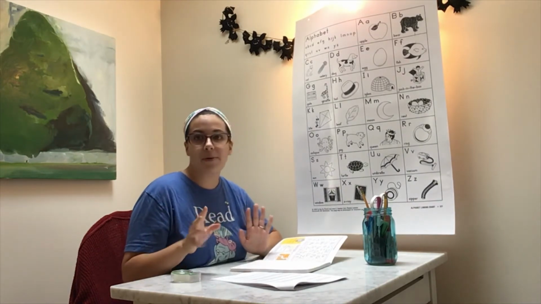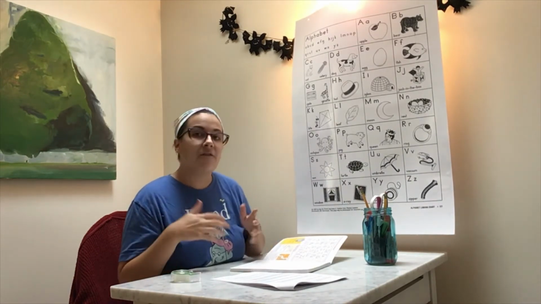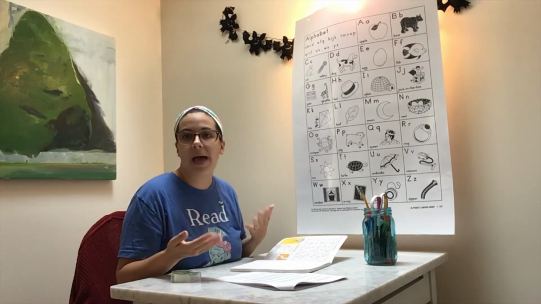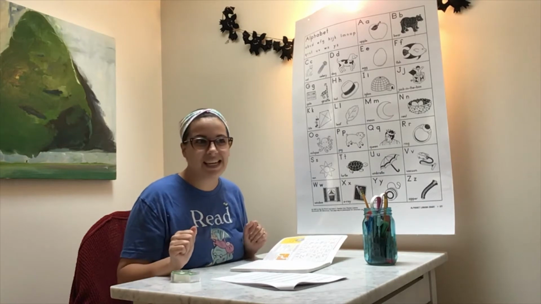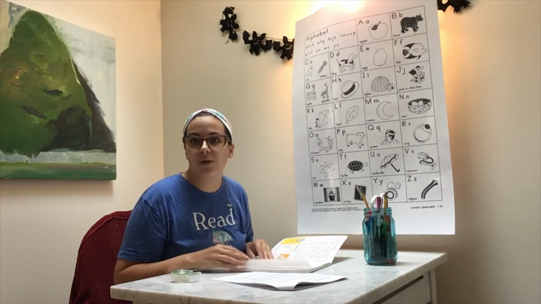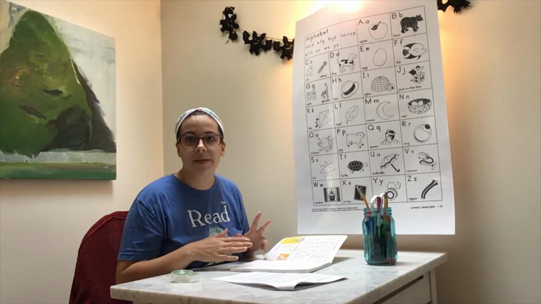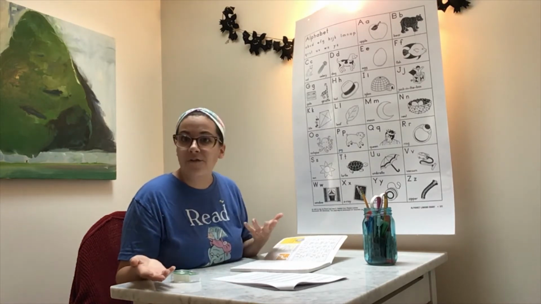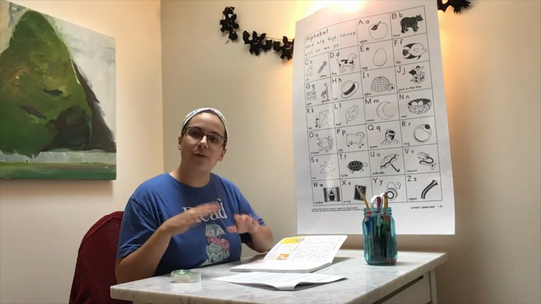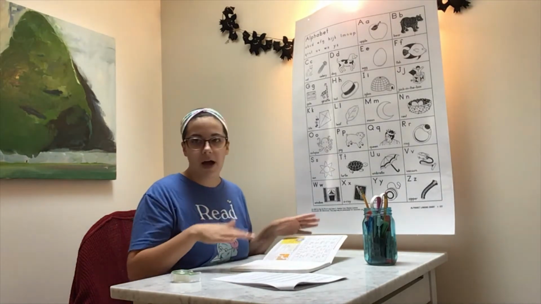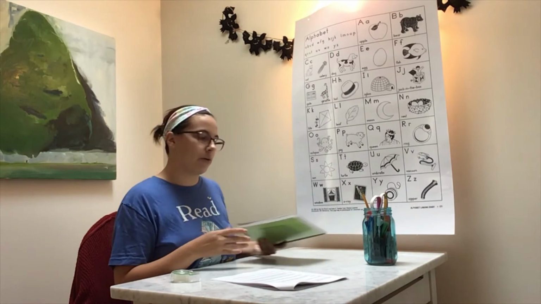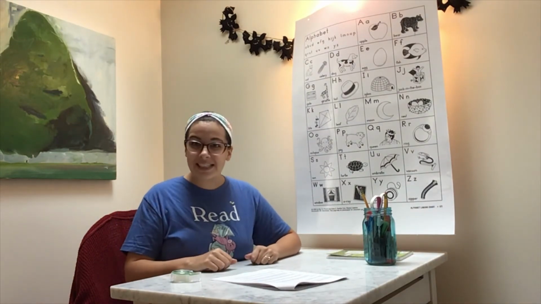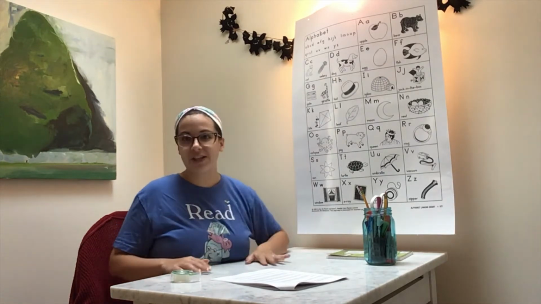You can do the capital and lowercase letter, and then find items that you might be able to cut out, like labels from packages of food that you've already eaten, or maybe anything that you got in the mail that is like an old magazine, or like an ad for a local food place. And you can cut out words and you can put them under that letter. So that's one way you can do it. So I'm going to show you my items, and then we're going to work together to figure out where on our alphabet chart they might fit.